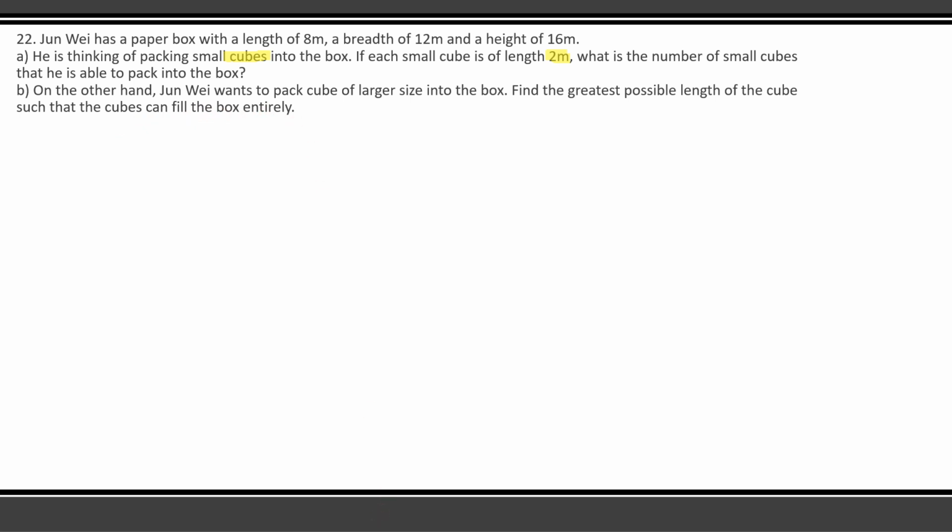Firstly, we need to find the volume for both. The volume of the cuboid, which is the box, is basically a cuboid. So we need to find the volume of the cuboid first, or you can say the box.